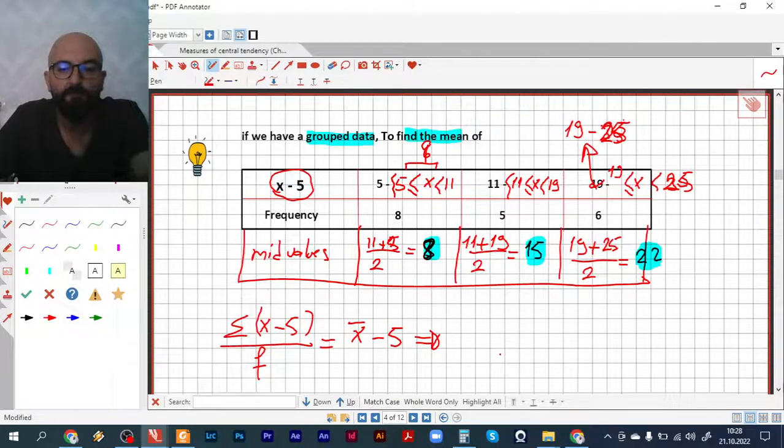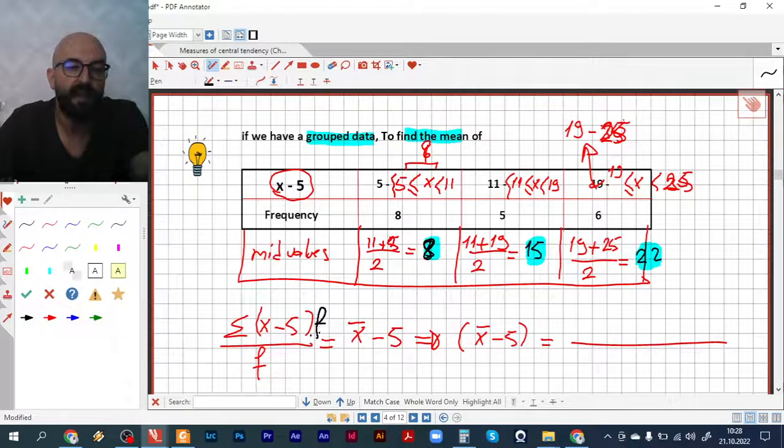Please remember that for the sum of x minus 5, we multiply all data by the frequency, and divide by the sum of all frequencies. If we have grouped data, we have 8 values, and the class mid value is 8.